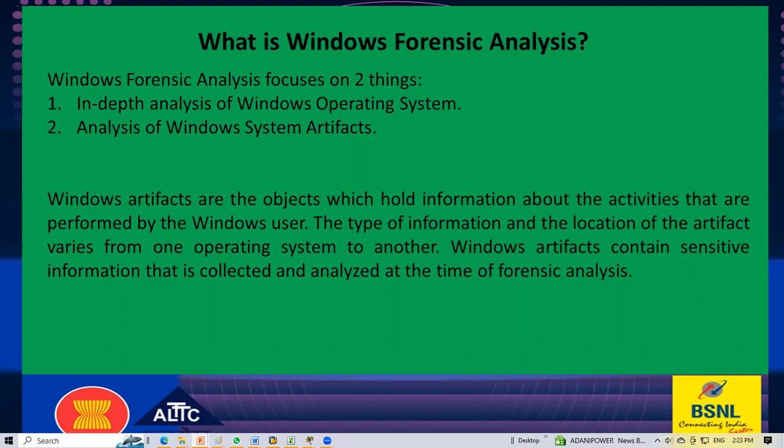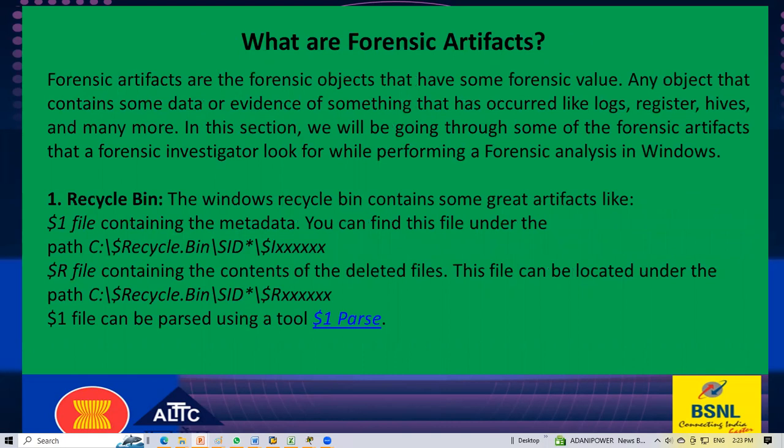Windows artifacts contain sensitive information that is collected and analyzed at the time of forensic analysis. A forensic artifact is an object that has some forensic value, any object that contains some data or evidence of some event that has occurred, like logs, registry, history, and many more.